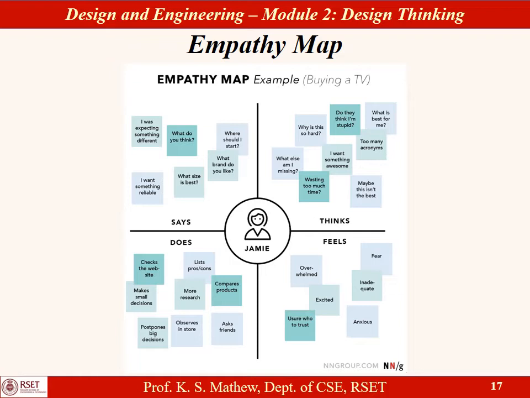So here there is an empathy map of a user going to buy a TV. What are the feelings or thinking, or what he says and does when he is planning to buy a new TV, right? So you can write all these various things on post-it slips.